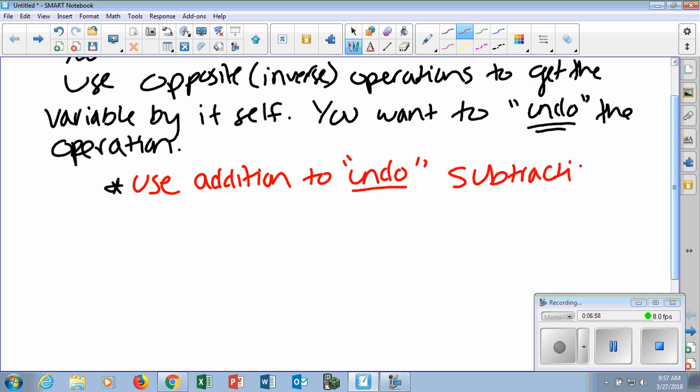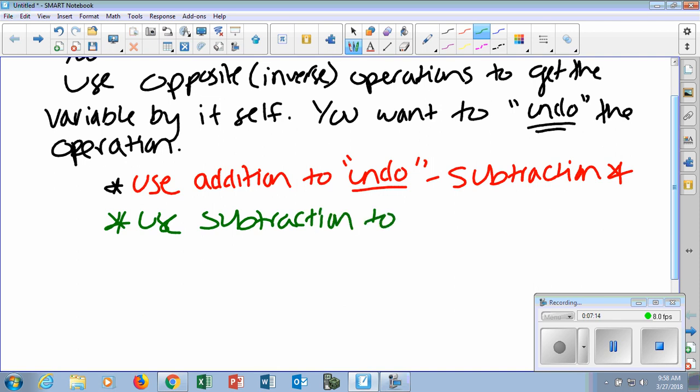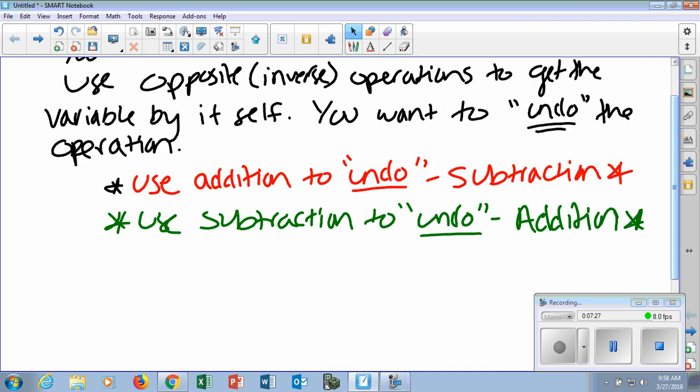You use subtraction. Which is the opposite, right? If you're adding, the opposite of that would be subtracting, which is what they're telling us. So then again, when you use subtraction to undo it, what would you use? Addition, exactly. Good job.